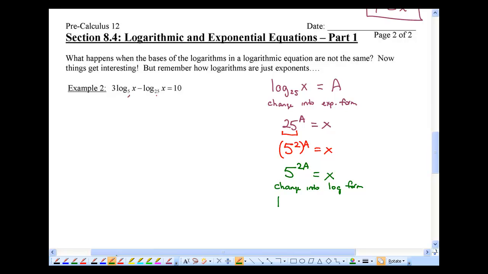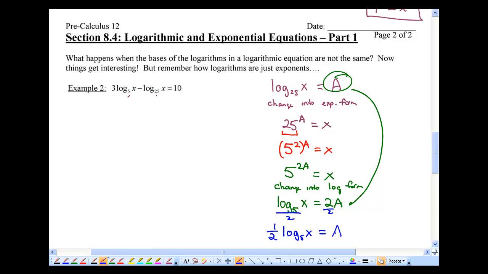It becomes log base 5 of x equals 2a. So notice now I've got a log base 5 of x. Hey, that's good. But ultimately I started with a, not 2a. So I think what I'm going to try to do next is just divide both sides by 2. So that just becomes 1/2 log base 5 of x, and that equals a. This is very important.